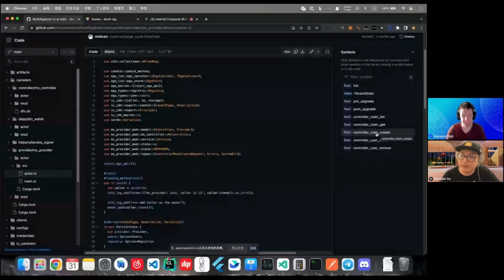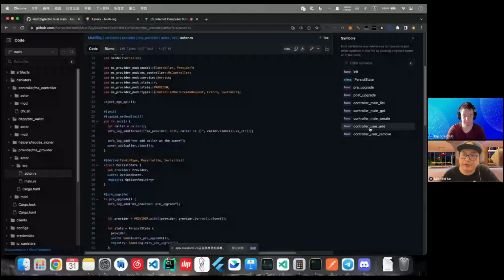We can add a controller user and remove a controller user. This works like a registry, because when we create different controllers, meaning different groups of people, all these people will manage their own wallets. So the provider is like a global registry that creates all the controllers.